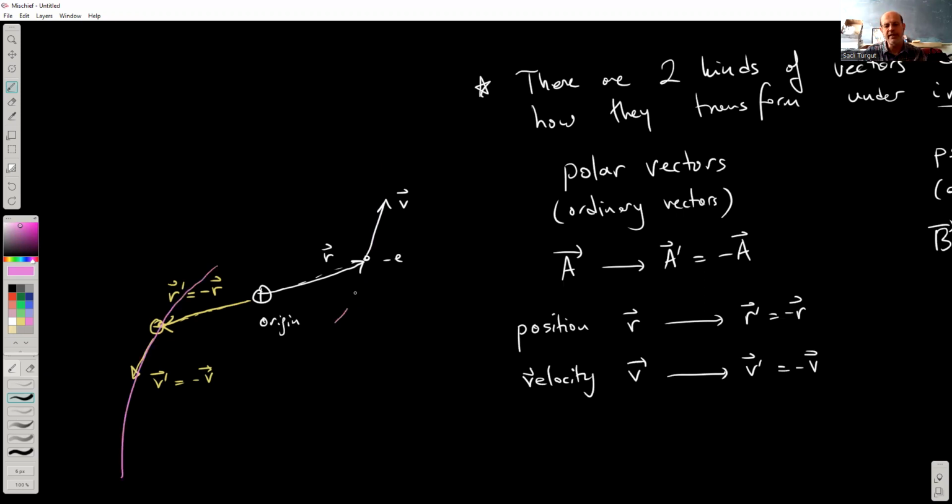So I'm just going to take this path in here and do the inversion. I'm going to get an alternate path, and that transformation of velocity is consistent with this. Okay, and therefore the momentum, which can also be added into that list. So these are basically the vectors that transform in the usual way. The typical vectors under inversion are going to transform like that.